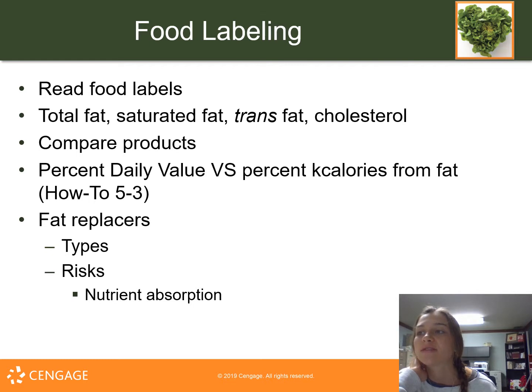Olestra is an example of a synthetic fat that's made from sucrose and fatty acids. It provides 0 calories per gram because it doesn't get absorbed by the body once it reaches the small intestine. It's approved by the FDA, and there are no known risks of it developing health problems like cancer, but it does rob your nutrients by binding to fat-soluble vitamins D, E, K, and A, and removing those as they're excreted.